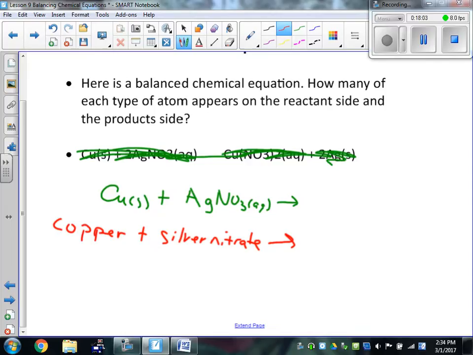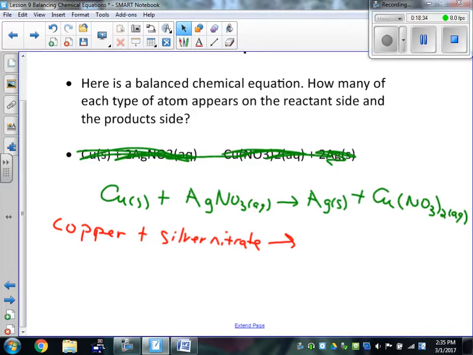This is called a single replacement, and we'll get to that in the next few days here coming up, okay? So what happens is the metal parts will switch, and for today I'm going to give you this because we just need to worry about balancing. So the copper and the silver would switch places, and we're going to get silver by itself and copper nitrate, and it actually forms that one there.